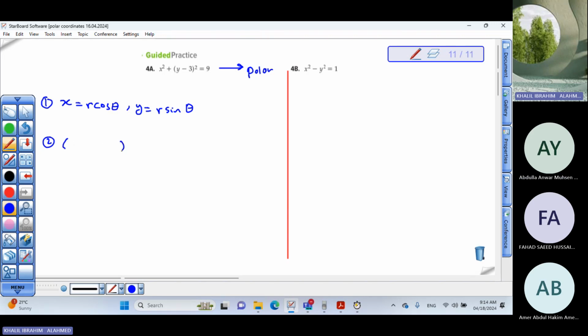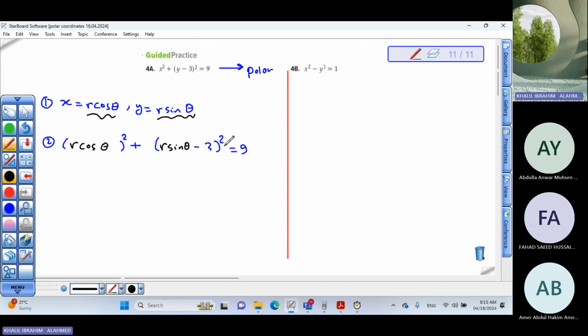Okay, now step 2, look at the equation and replace each x and y. x squared plus (y minus 3) all squared equals 9. Inside here, x is r cosine theta, and y is r sine theta.